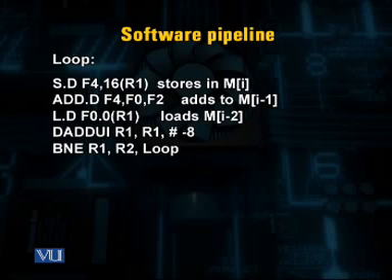Here, you can see that the first 3 instructions are obtained from 3 iterations, whereas the branch evaluation and branch instructions are placed at the end of the sequence.